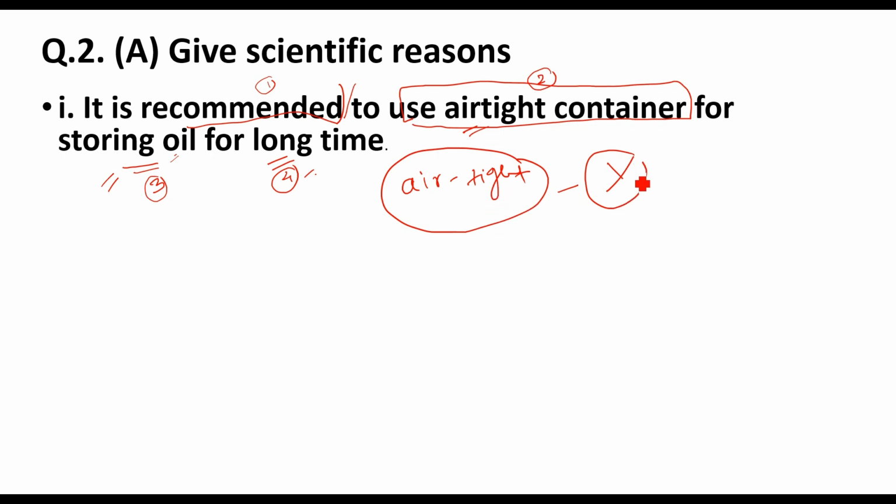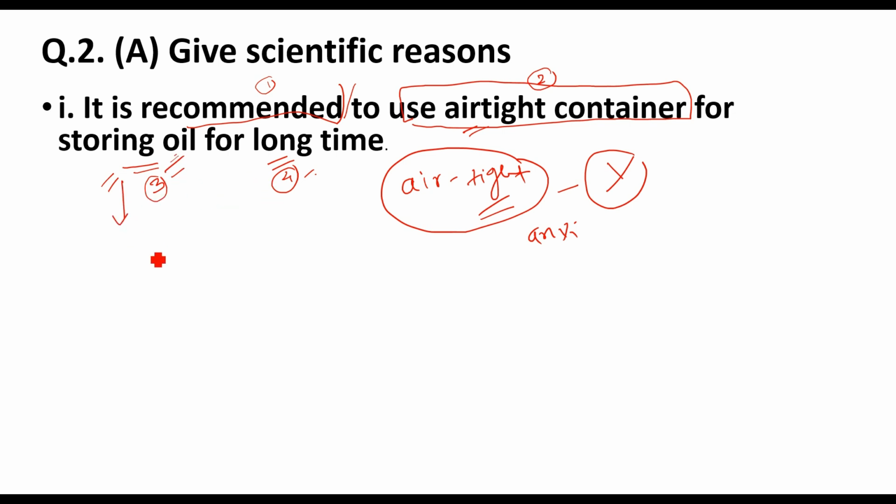What did we learn in the 10th standard? We learned the process called oxidation. So airtight means it acts as an antioxidant. And storing the oil, why especially the oil?